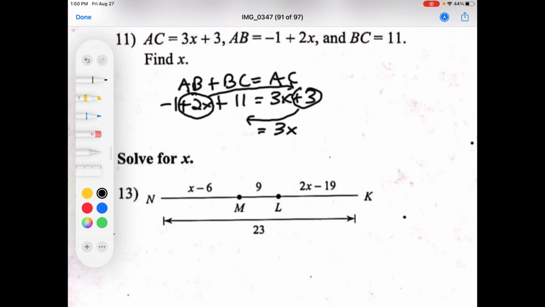The 2x that we moved becomes a negative 2x. Okay, on the left side, with that negative 1 still there, the positive 11 is still there. But if we take that positive 3 and move it to the other side, it becomes a negative 3. And so now if I combine all my terms, 3x and negative 2x is 1x, x, and then negative 1 plus 11, that's 10, and then minus 3 gives me 7.